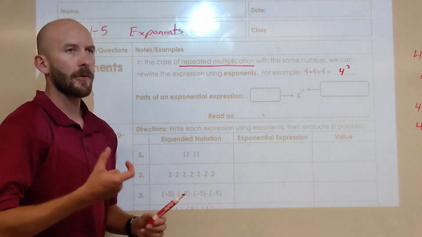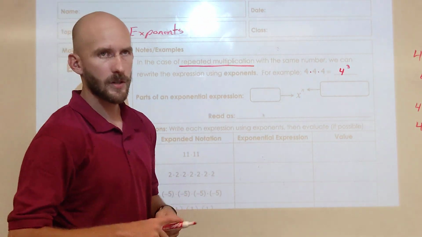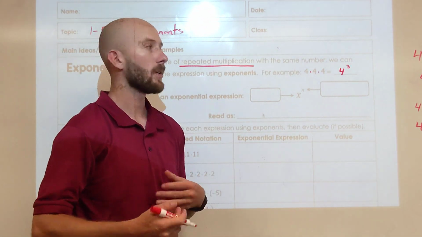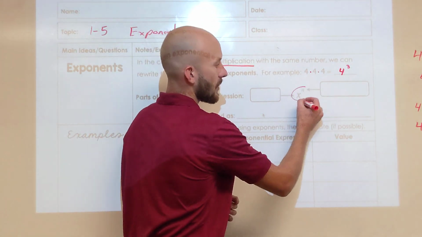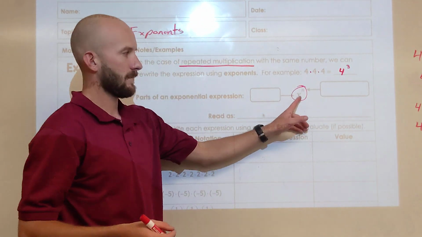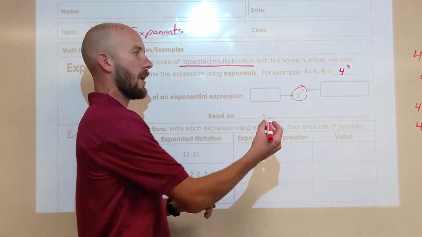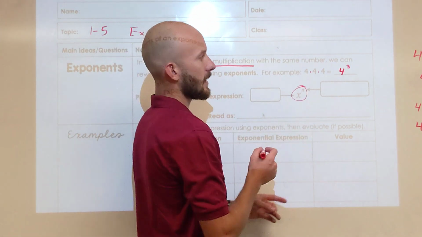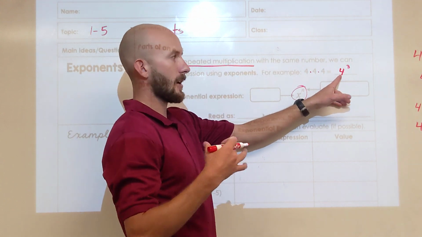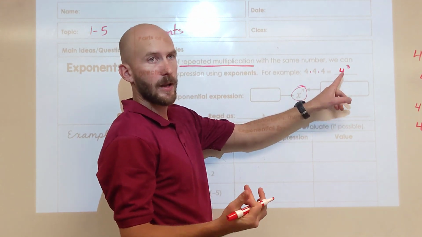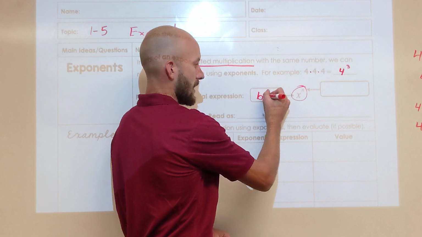Okay, so we've got a few different parts that we just need to talk about for vocabulary here. So this right here is an exponential expression. And the bigger number, the thing sort of at the bottom, what looks like a normal number, is what we call the base.